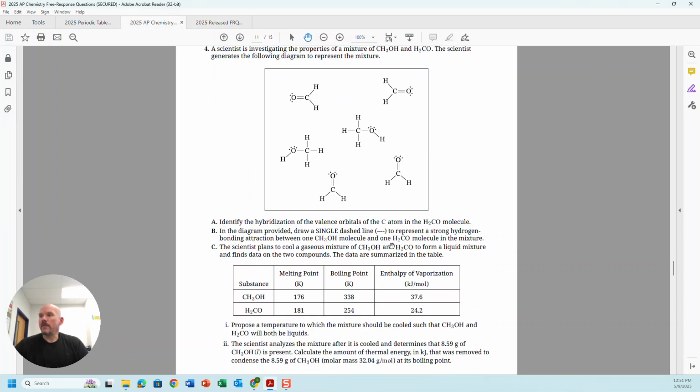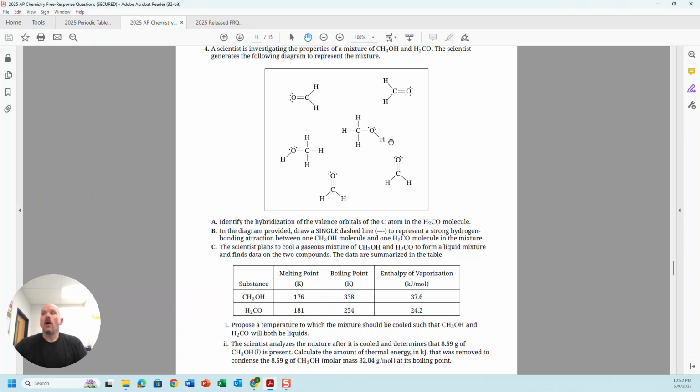Then it says to draw a hydrogen bond between the particles here. Remember, one of the parts of the interaction has to come from a FON bond: either the positive dipole or the negative dipole of hydrogen bonded to oxygen, nitrogen, or fluorine, depending on what you have.